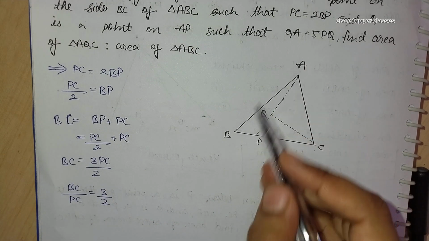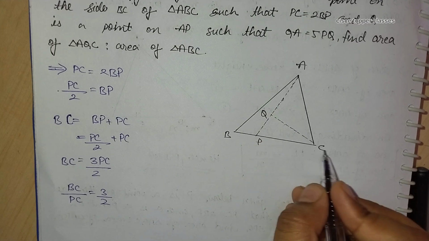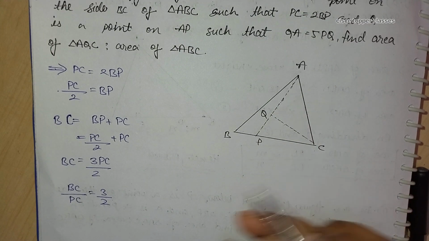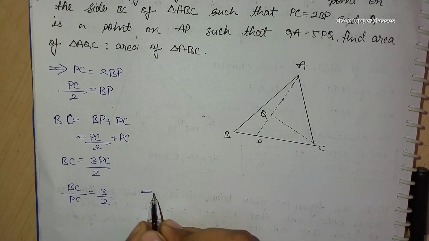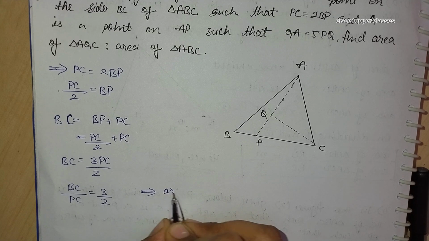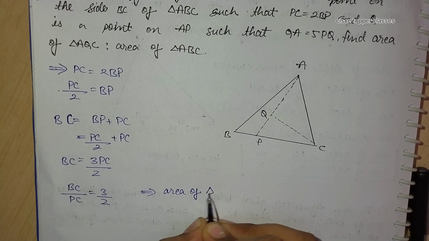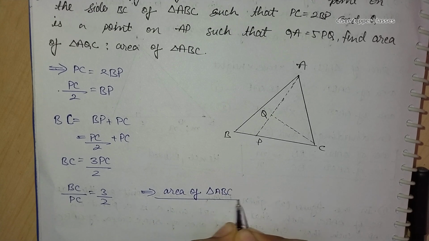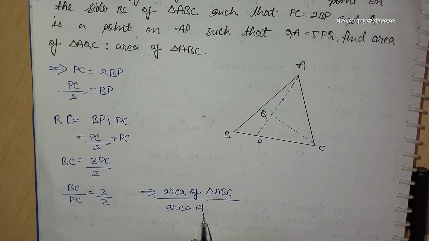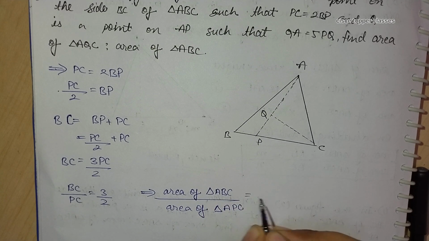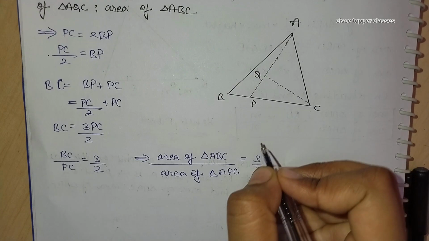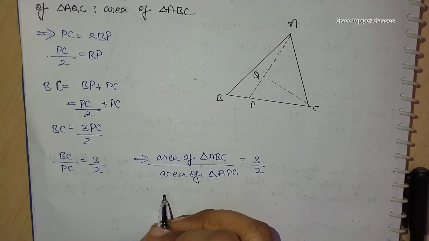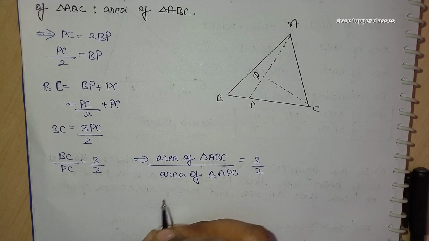Here BC is the base of triangle ABC and PC is the base of triangle APC, and the altitude is the same for both the triangles. So from here we can write area of triangle ABC divided by area of triangle APC is equal to 3 by 2. From here we can write this as area of triangle APC.